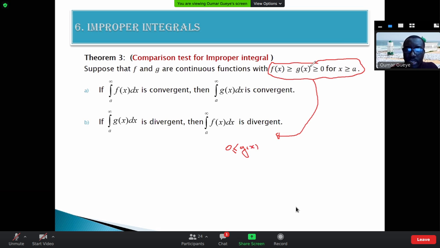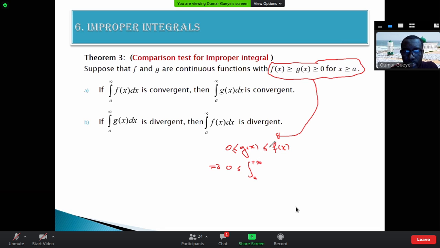That's exactly what we said here. g of x is greater than 0, so we have 0 less than g of x, which is less than f of x. This situation gives us 0 less than the integral from a to positive infinity.